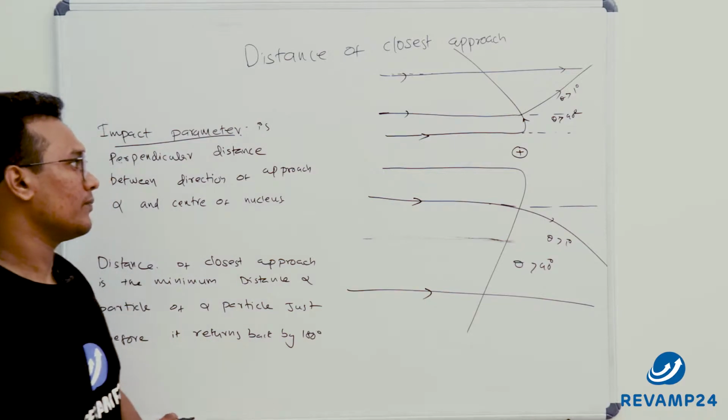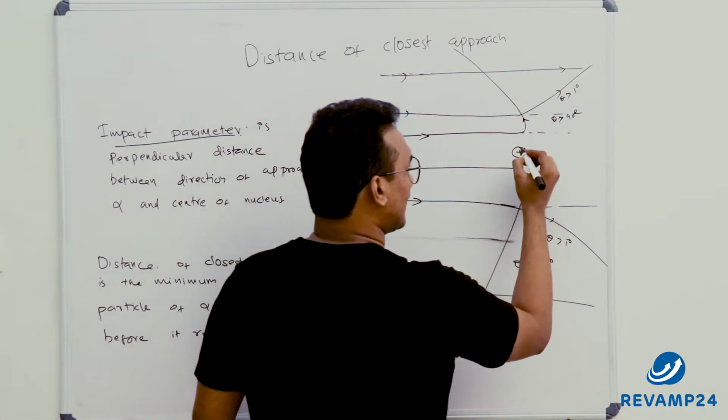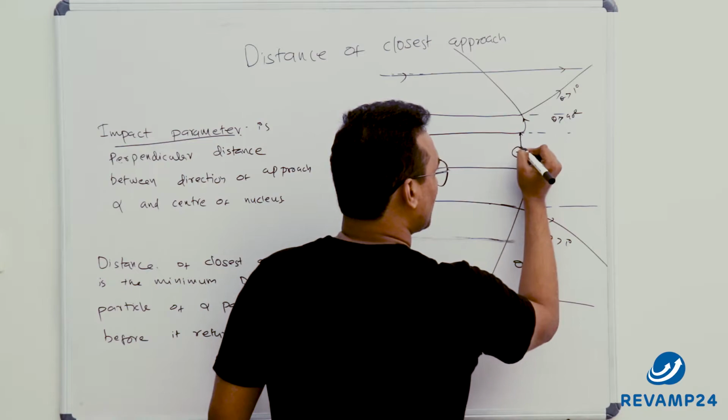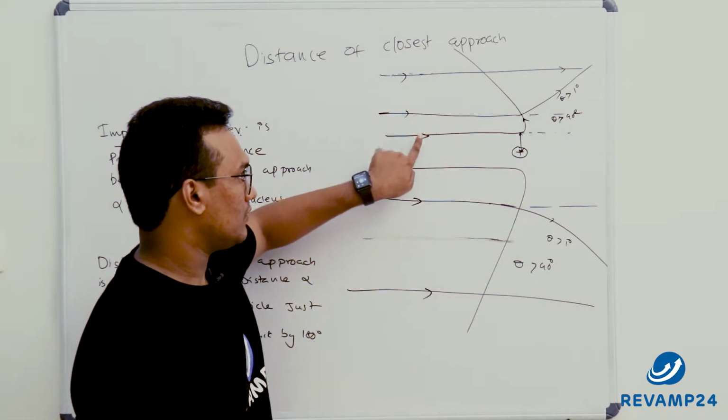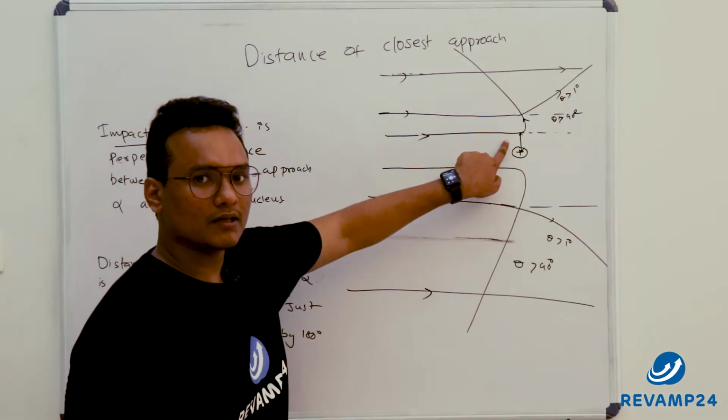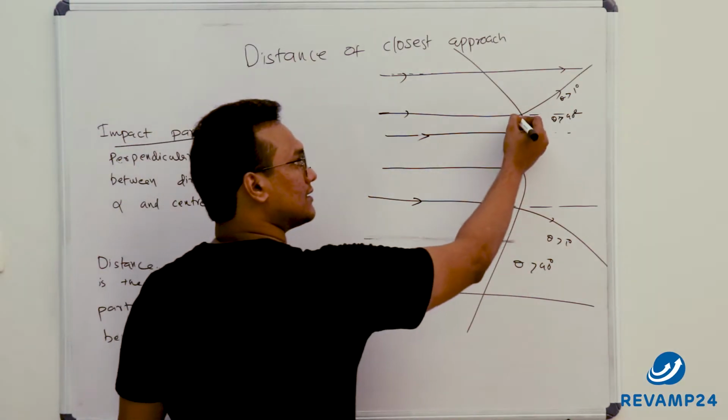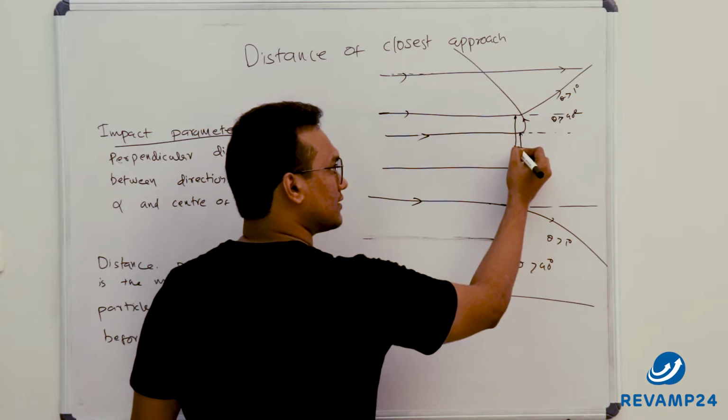Both are the same. Now, with this line, just find the perpendicular distance to the nucleus. For this alpha particle, this is the impact parameter. For this alpha particle, this one is the impact parameter.